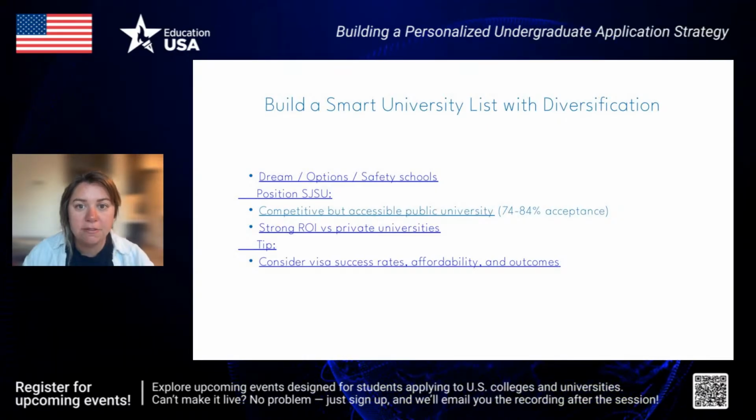Also, it's very important to think about the visa success rates, the affordability, and the outcomes. So, think about where you are applying from, or if you have a passport or residency in a different country, that might help you apply.